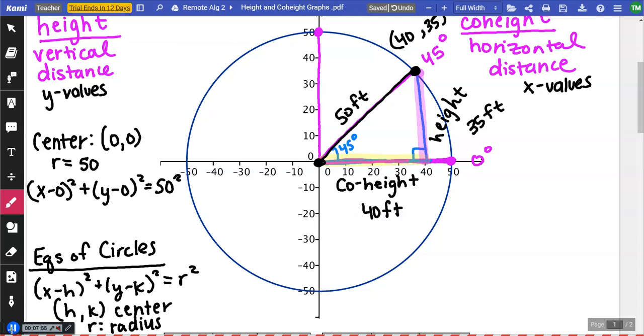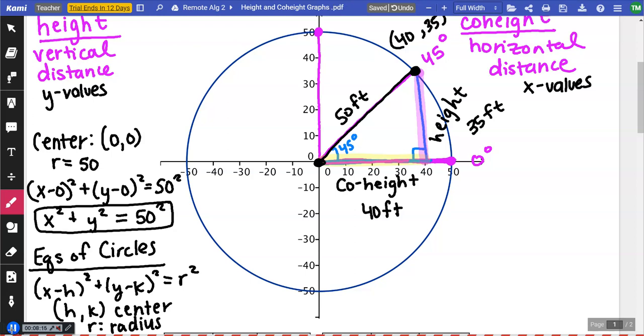So x minus 0 squared is x squared, plus y minus 0 squared is y squared. So x squared plus y squared equals, and I'm just going to leave 50 squared as 50 squared, would be the equation of this particular circle.